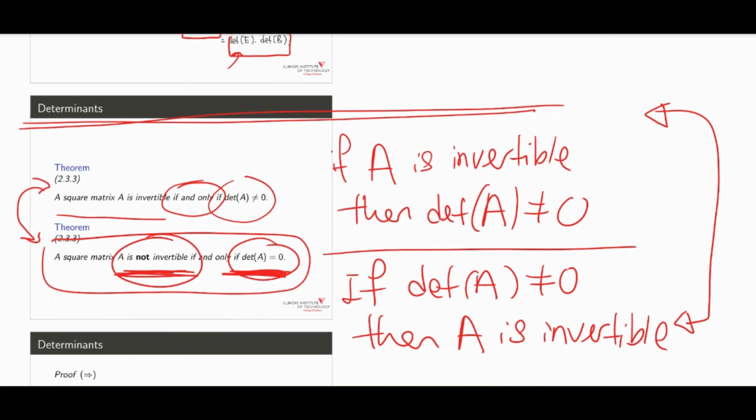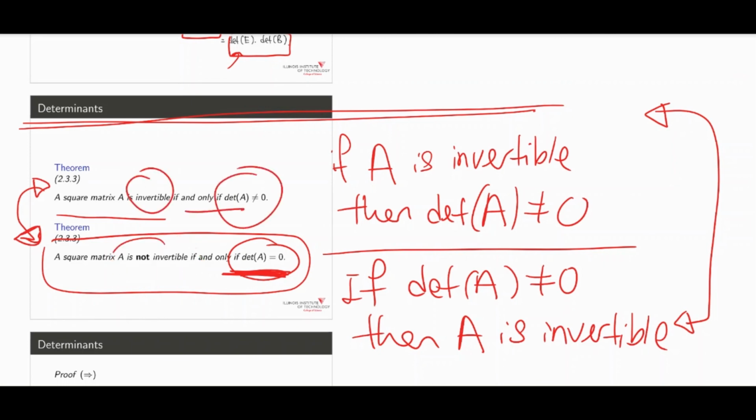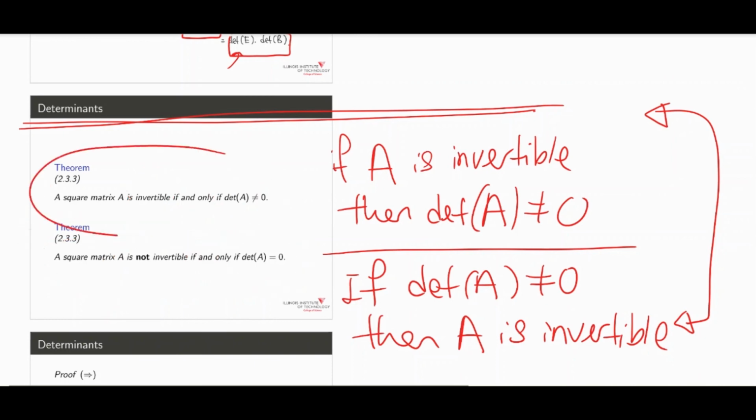These two are logically equivalent. Matrix A is invertible if and only if the determinant is not equal to 0, or matrix A is not invertible if and only if the determinant of A is equal to 0. We are going to set up to prove this particular version of the theorem.